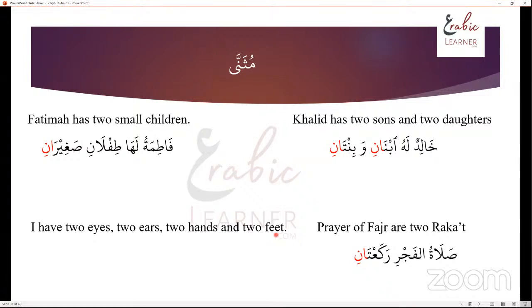I told you when I was teaching you harfu ataf, you always put wa in between. So you will say li ainani wa udunani wa yadani wa rijlani. It is not correct to say li ainani yadani rijlani. In Arabic, you always put wa in a list of items separated by commas.